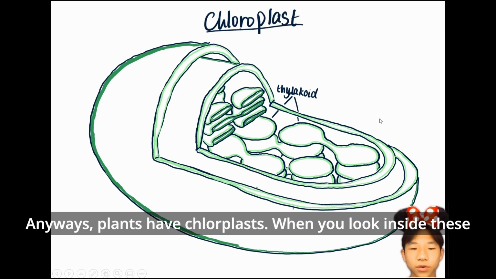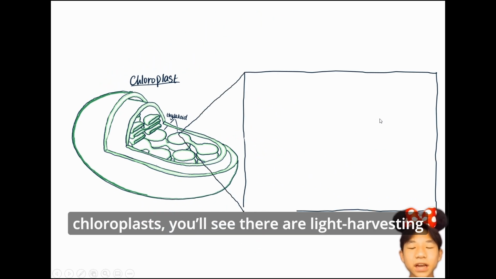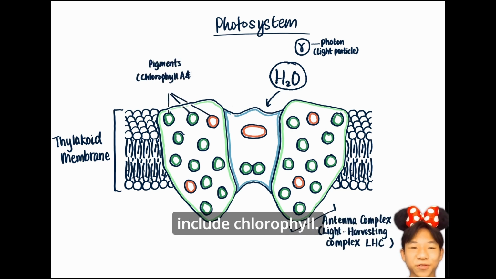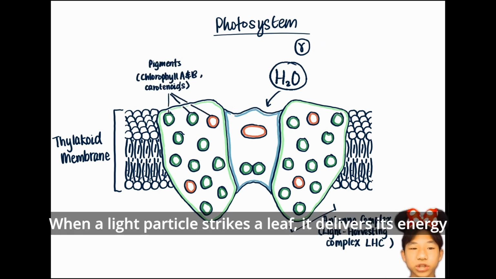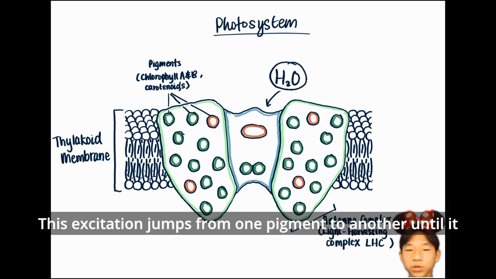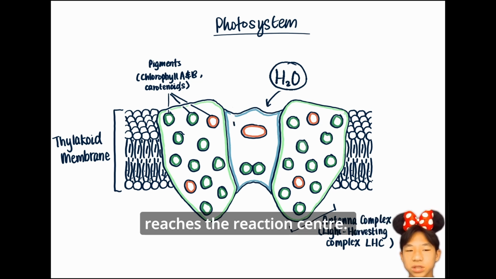When you look inside these chloroplasts, you see there are light harvesting complexes, or LHCs, which contain proteins and pigments, which includes chlorophyll. When a light particle strikes a leaf, it delivers its energy that excites the pigments in the LHCs. This excitation jumps from one pigment to another until it reaches the reaction center.